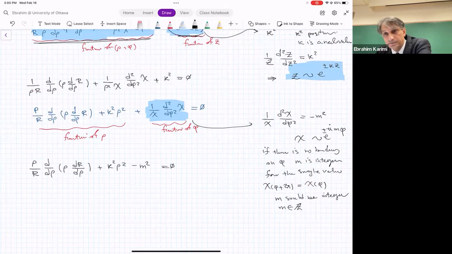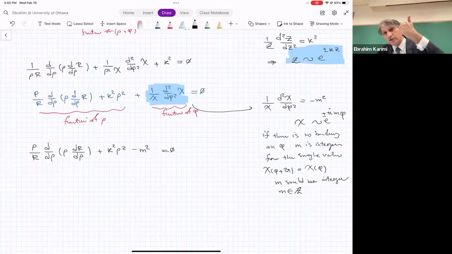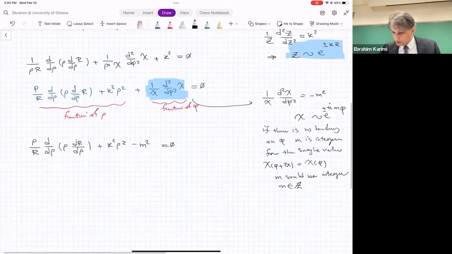This is a second order differential equation, and let's solve it. So we found the z direction. We know the phi direction. And now the only part that remains is the radial part. We have to solve that radial part to get further information. So far, so good? Perfect. Let's do that.